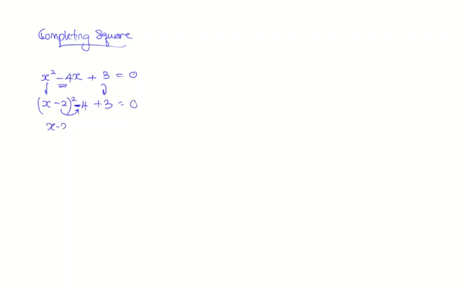So x minus 2 square equals 1. So x minus 2 is plus minus 1, square root. So x equals plus minus 1 plus 2. So the root can be 3 or 1. Two answers. First example.